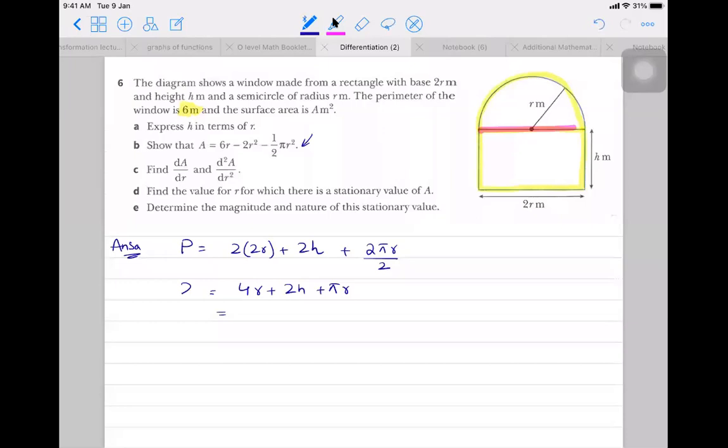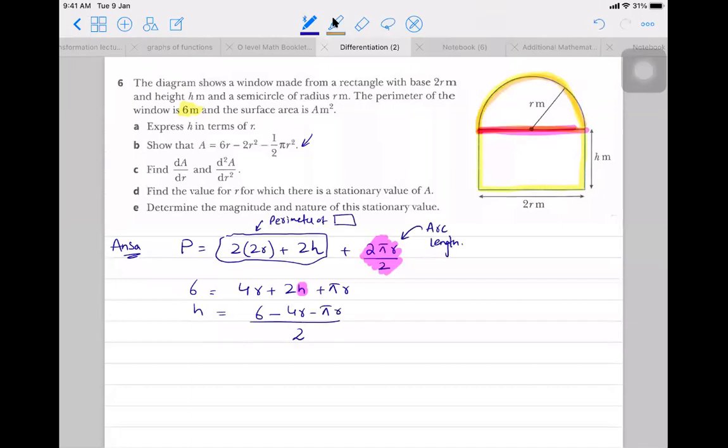So h is going to come out as 6 minus 4r, minus pi r, divided by 2, the reason being that I have the perimeter of a rectangle. Okay, that gives you h. Let's check this. So this is h.